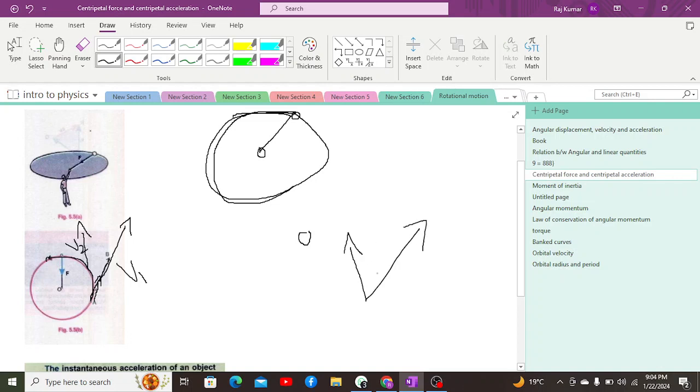Now when we add both of the vectors, this is the vector v1, this is vector v2. Actually there's a mistake in it.